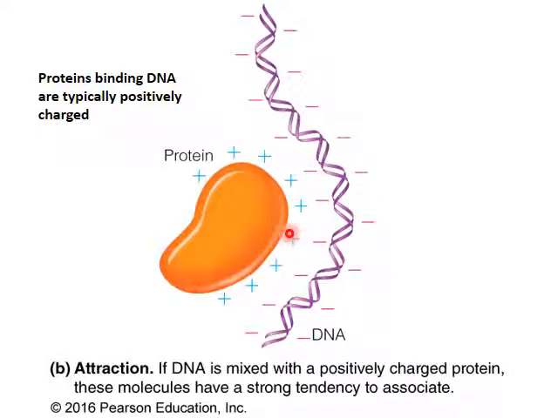And then specific amino acid residues on the protein themselves will intensify that interaction through base pair recognition. But the initial encounter is through these positive and negative charges that are present on the molecules.